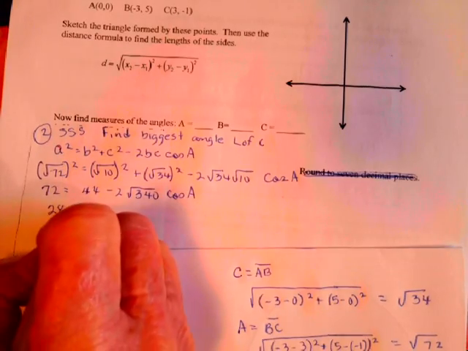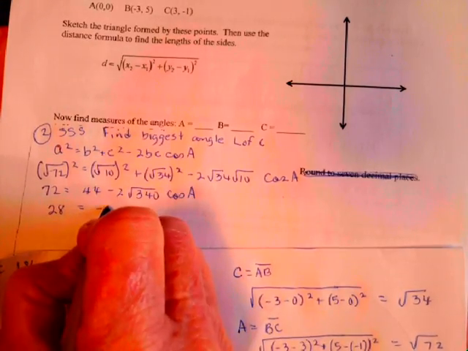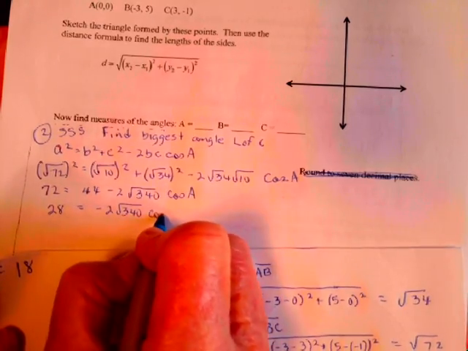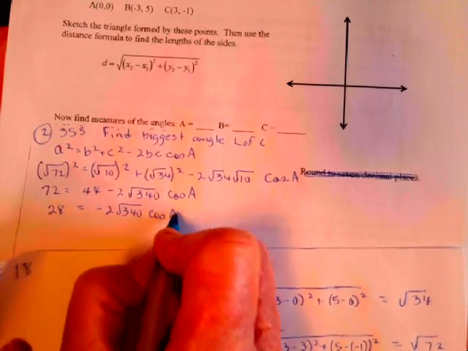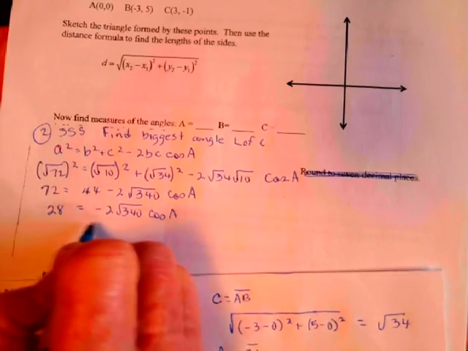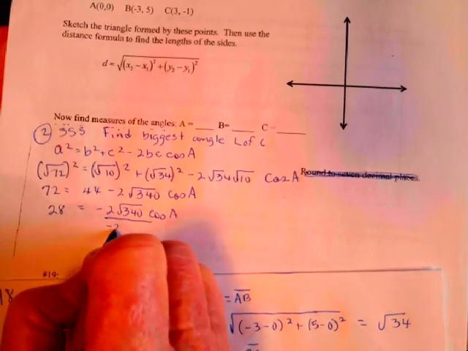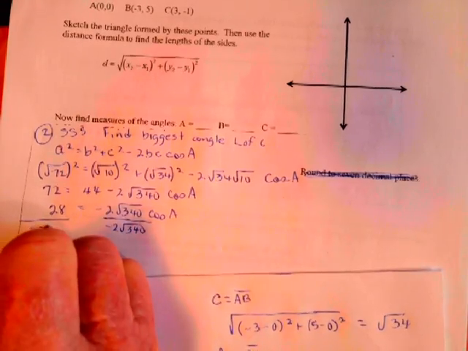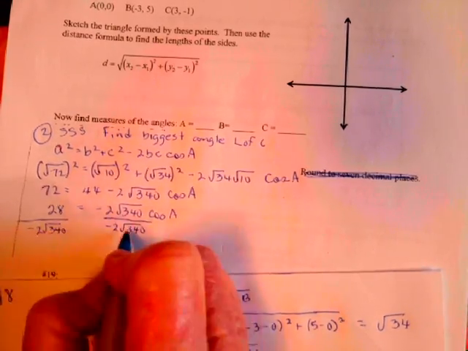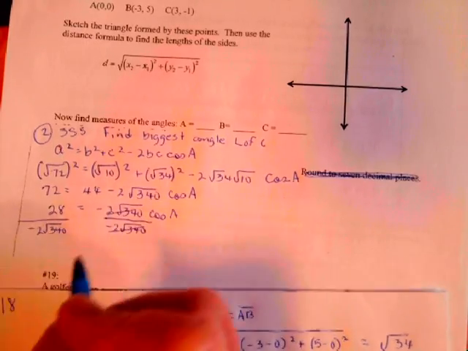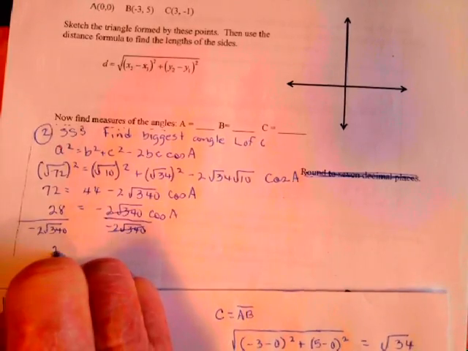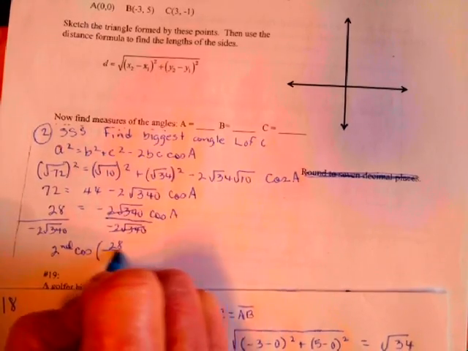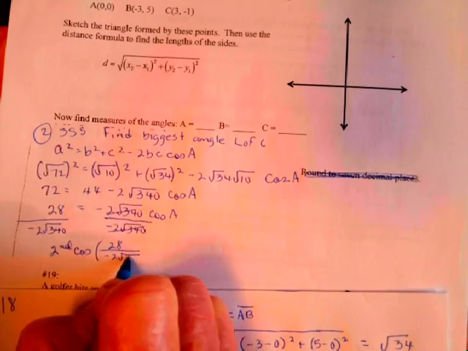You have 28 equals negative 2 times the square root of 340 times the cosine of A. Divide by negative 2, square root of 340. Since you're looking for the angle, you're doing second cosine. Second cosine, 28, divided by negative 2 times the square root of 340.